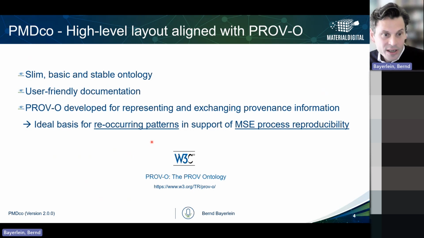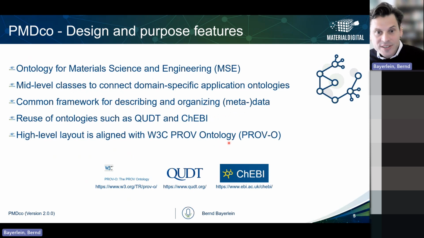It comes with user-friendly documentation, and especially it was developed for representing and exchanging provenance information of digital workflows. And therefore, it's actually an ideal basis for these recurring patterns in support of materials science and engineering process reproducibility. Other design and purpose features are listed in this slide.